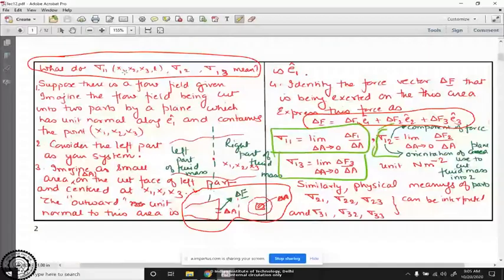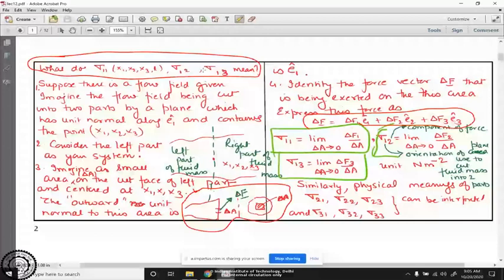So the stress tensor is defined at a point in the flow domain. In our Cartesian coordinate system, the stress tensor will be a function of independent variables x1, x2, x3, and t. Now, stress tensor is a second order tensor, so it will have 9 scalar components.